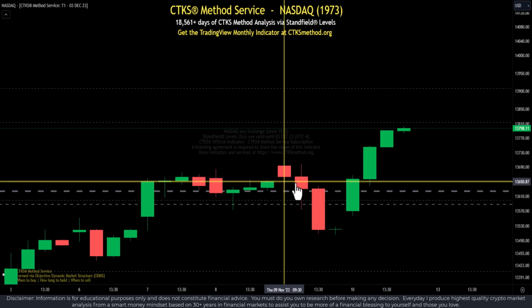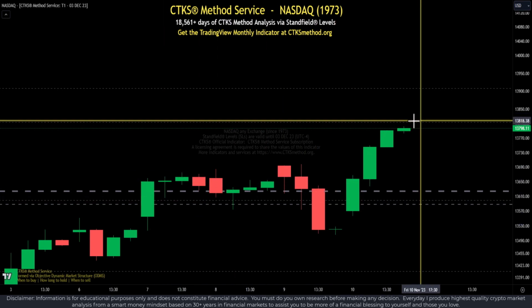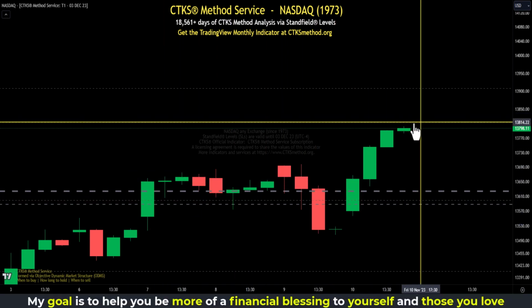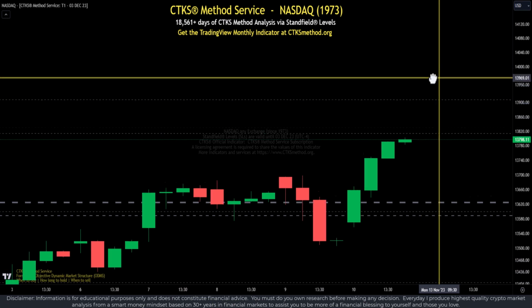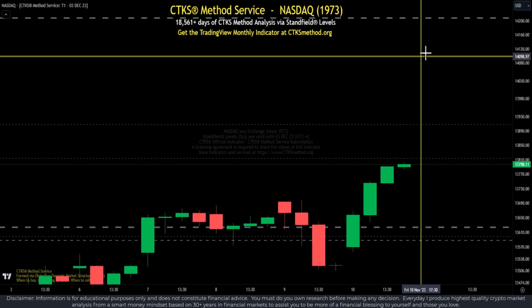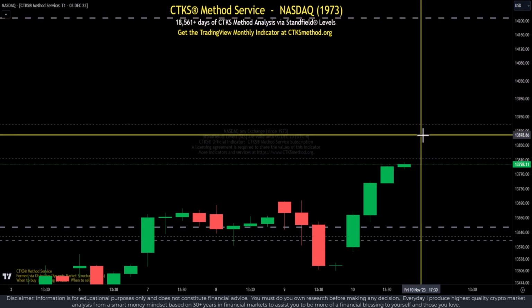The NASDAQ has encountered strong structural support and actually got over it and is coming into a light area of structural resistance at 13,814. There's another level up a little bit further at 13,907, but then there's a relatively big fresh air gap up to the next structural level at 14,207.